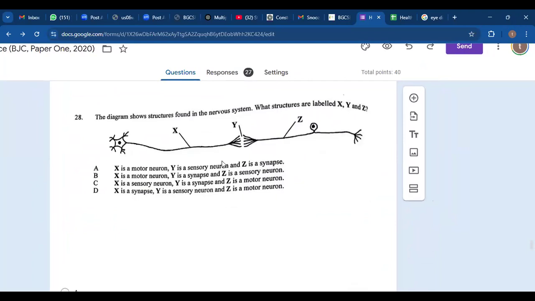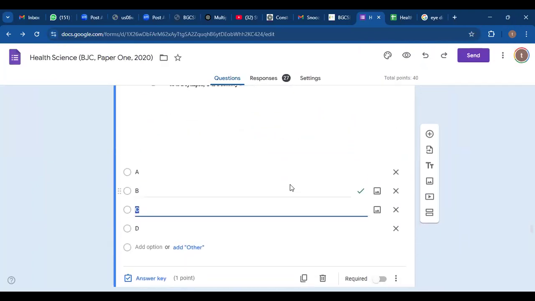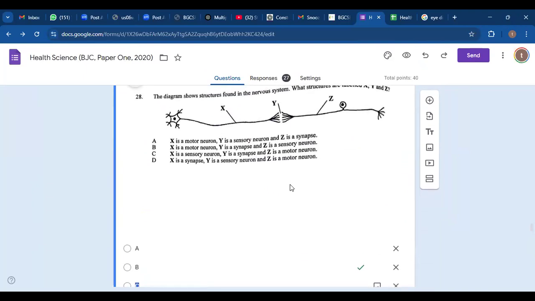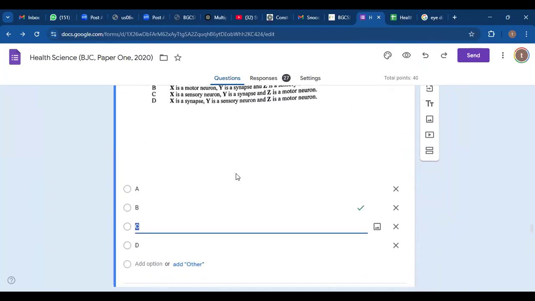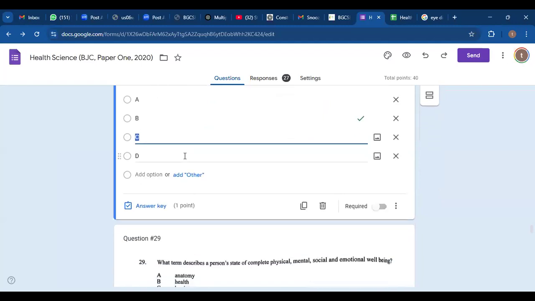Swallowing, that's C. I have B. Y is the synapse, the connection, and Z is the sensory neuron. X is the motor neuron. Yeah, that makes sense. 28 is B.